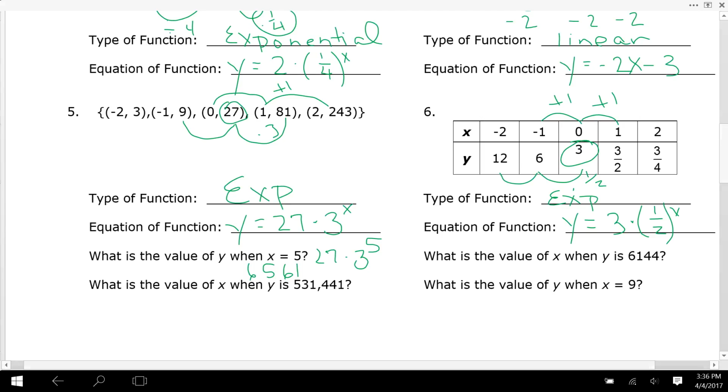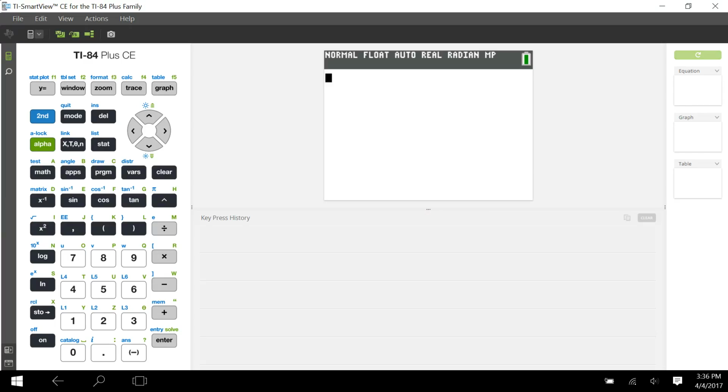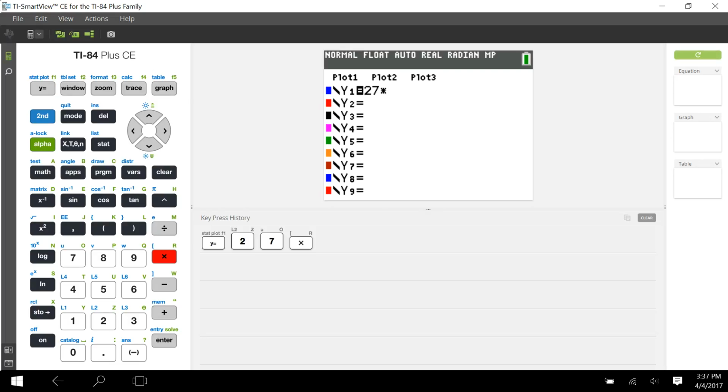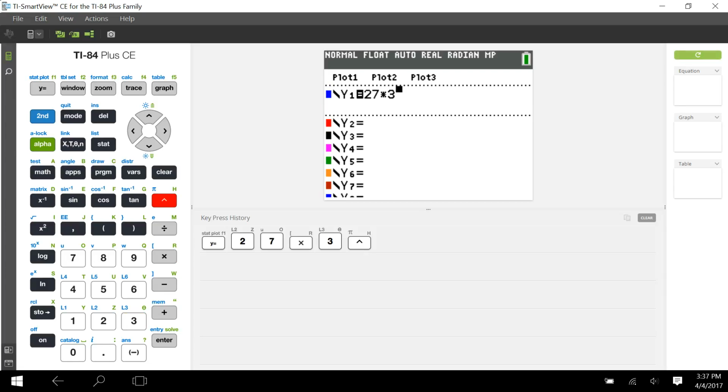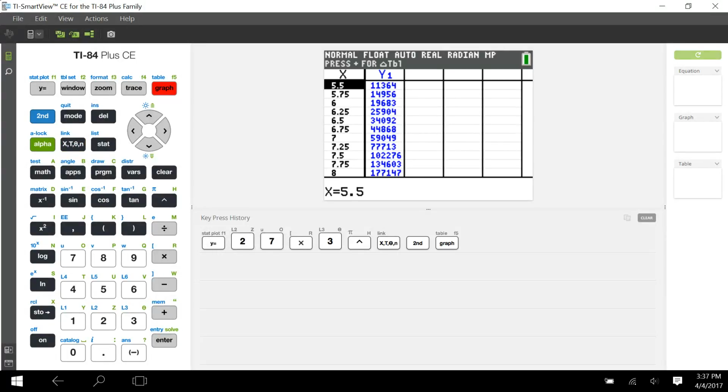So let's go over to my calculator. I'm going to go to my y equals and put in 27 times 3 to the x. Then I'm going to go to my second graph, looking for 531441. So I need to go down.